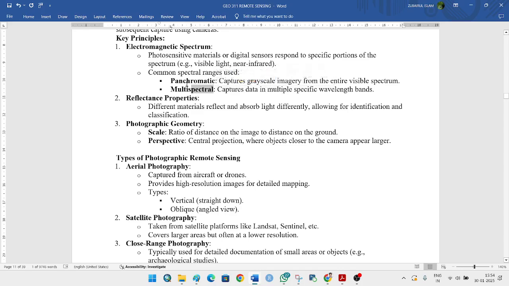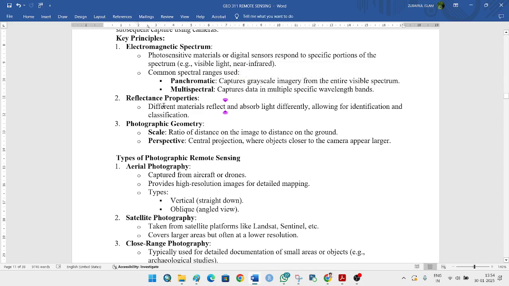Spectral here is indicating the wavelength. So data is in bands of different wavelengths. Blue has its own wavelength, around 0.425 micrometer, then green 0.5 to 0.6 micrometer, then red 0.6 to 0.7, and then near infrared, which is not visible.